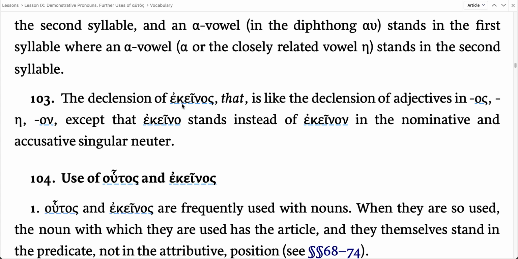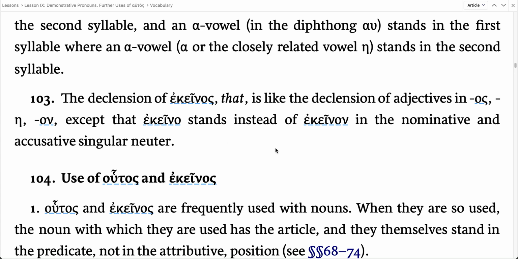The declension of ekeinos, that, is like the declension of the adjectives in os, a, on, except that ekeino stands instead of ekeinon in the nominative and accusative singular neuter.